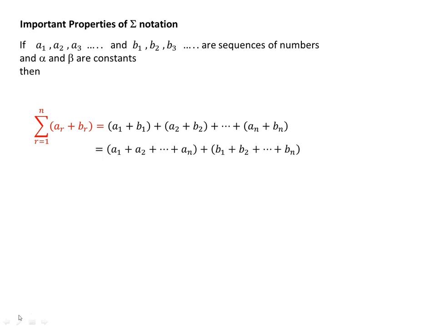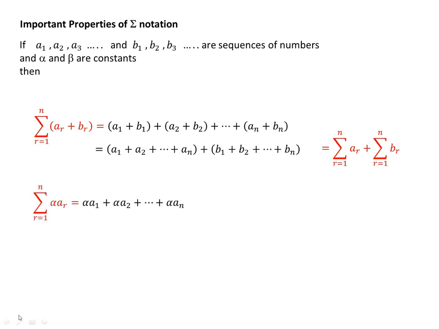So we could rewrite that as A1 plus A2 plus all the way along to AN, together with B1 plus B2 all the way up to BN. Which of course is just the same thing as the sum between 1 and n of ARs added to the sum between r equals 1 and n of the BRs. So that's the first of our three properties.